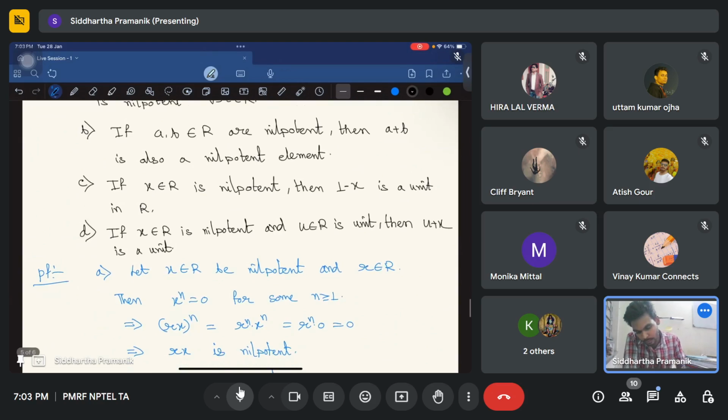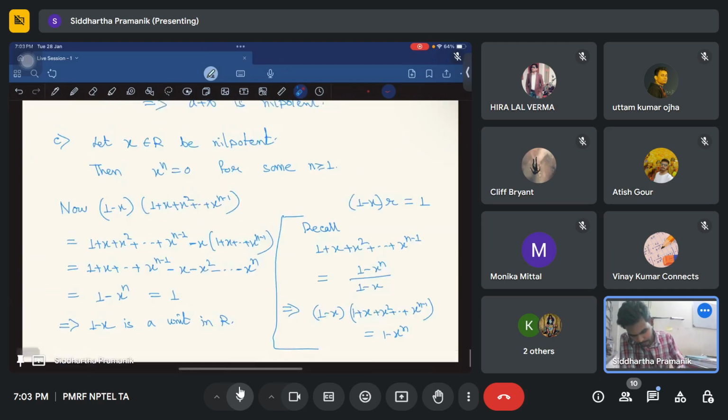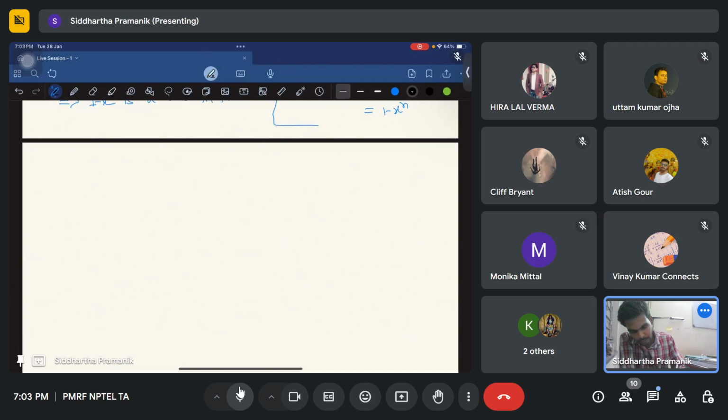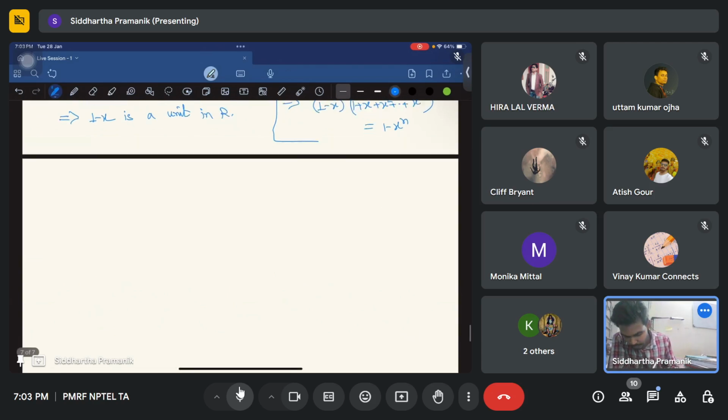Okay. So let me do the proof. I will be basically using part C. So we need to prove the sum of a unit and a nilpotent element is a unit.